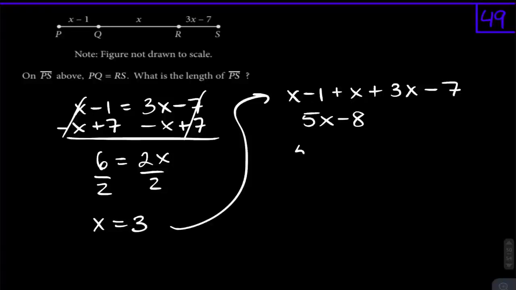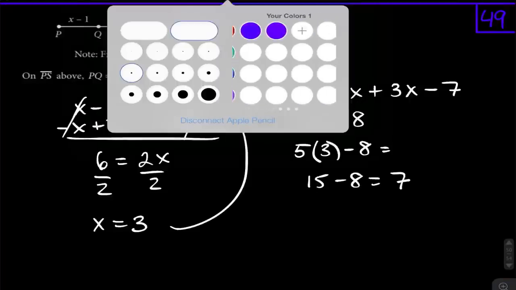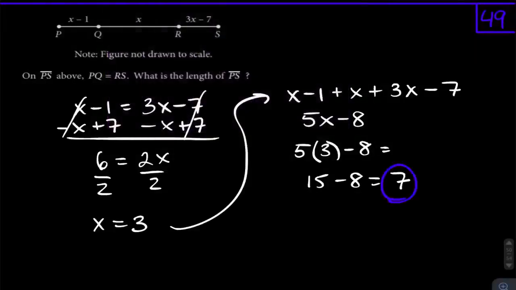So plug in 3 for x, and we get 15 minus 8, and that is 7. And right there is the answer to question 49.